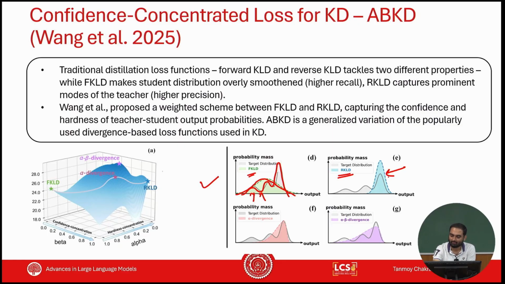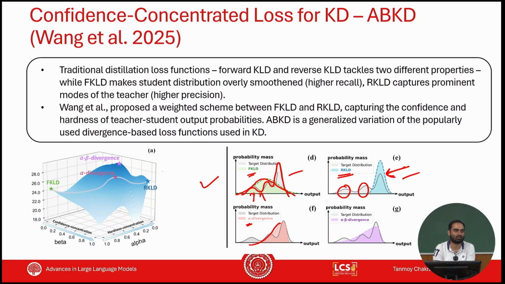But at the same time, this kind of distribution fails to identify low probability zones, meaning it underestimates the low probability zones, right?